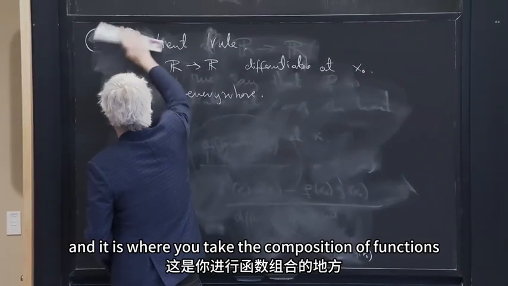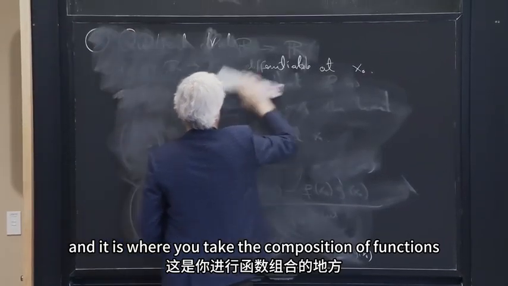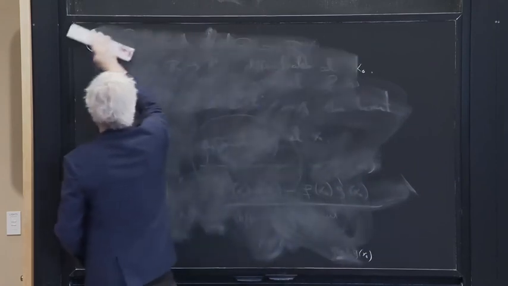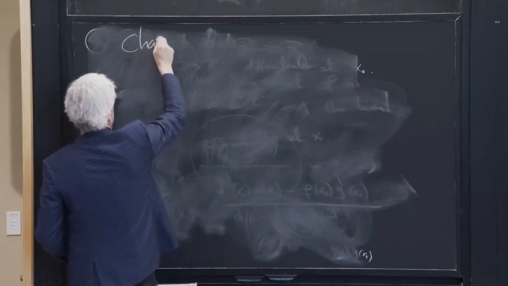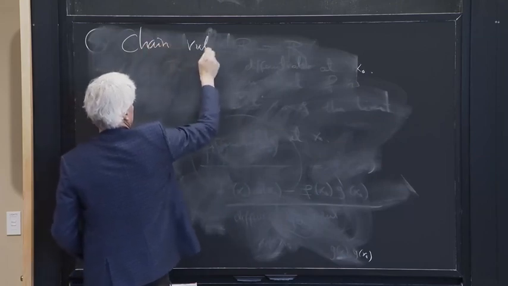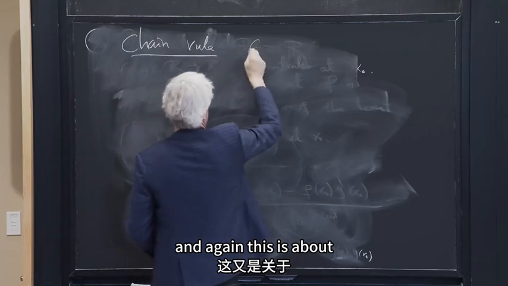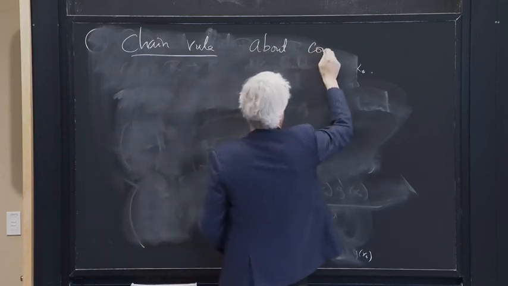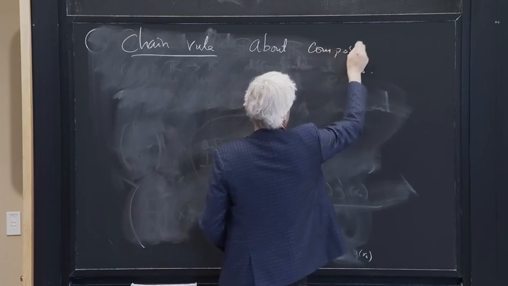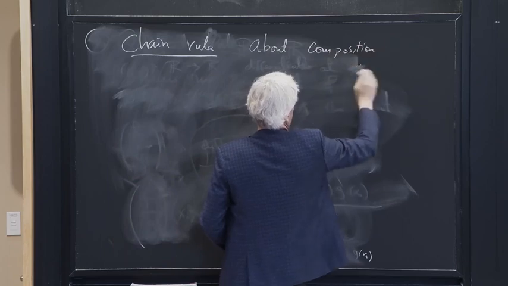It is where you take the composition of functions. So the next is the chain rule, and again, this is about composition of functions.